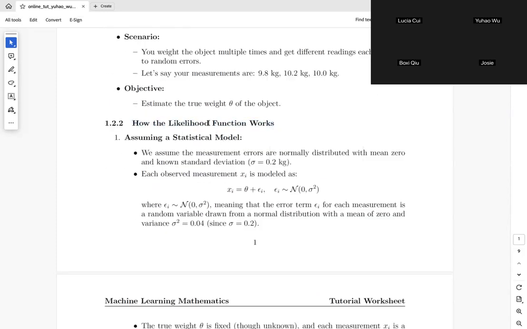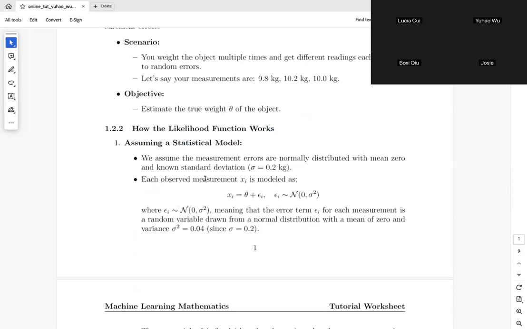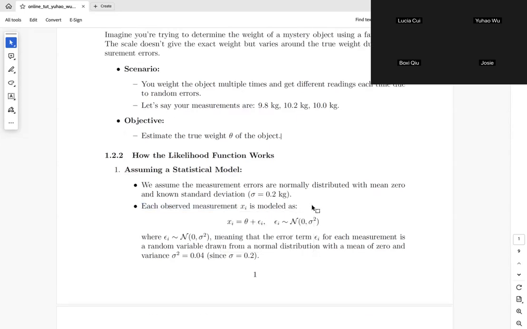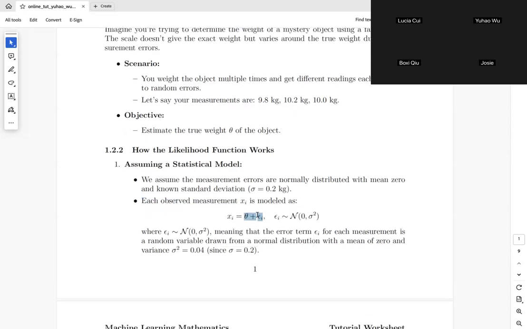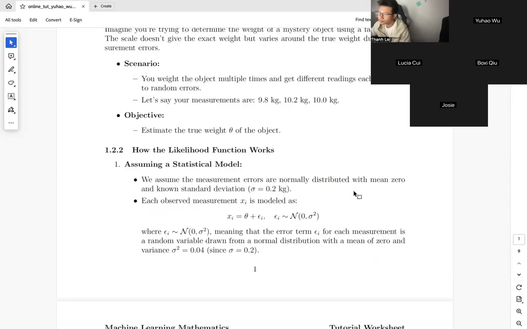For the likelihood function, we need to assume a statistical model. Normally we assume a Gaussian distributed model. For example, we can assume each measurement x_i is equal to theta plus epsilon_i, where epsilon is the error term. This error term can cover some underlying factors which cannot be measured.